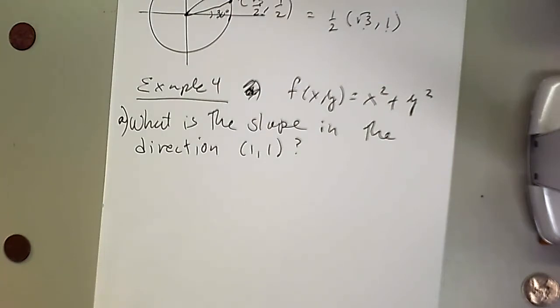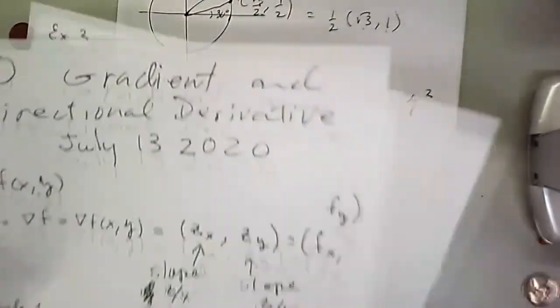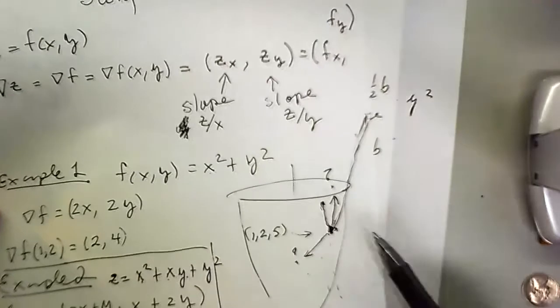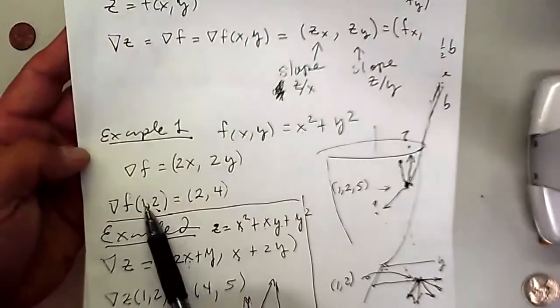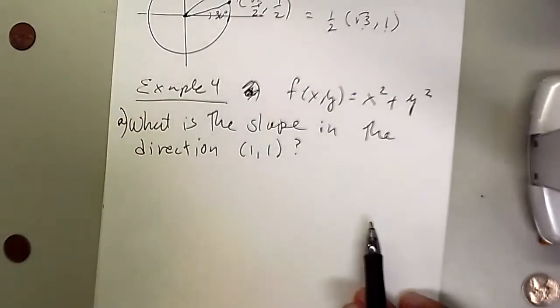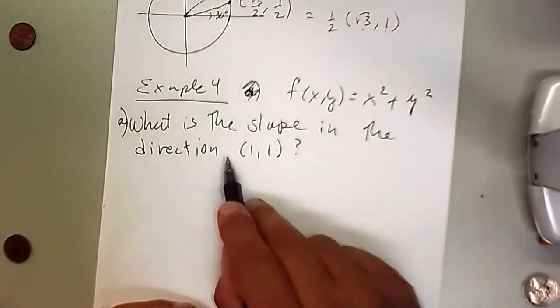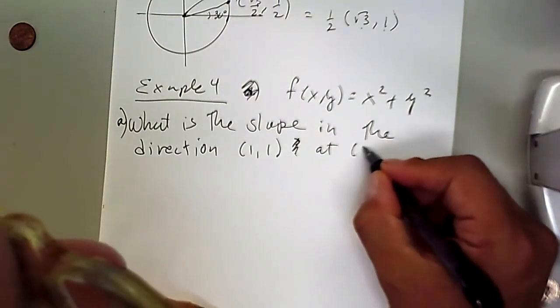At the point, I want to use the same point we had earlier in our example 1. Yep, in our example 1 back here, we had our point 1, 2. I didn't spell it out. Oh, there it is. Yeah, 1, 2. So this question is not quite finished. What is the slope in the direction 1, 1 at 1, 2?